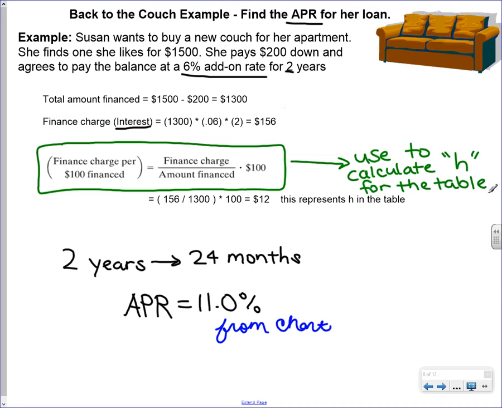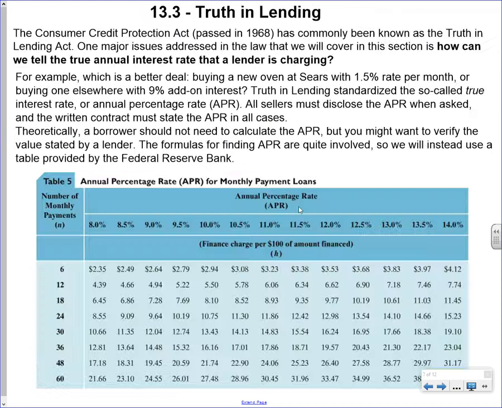Now what we're trying to calculate is H. The reason we're doing this is because that is how this table is set up. See, we have this H here, so that's what we're trying to calculate. And the H is calculated by finding the finance charge per $100 of amount financed.